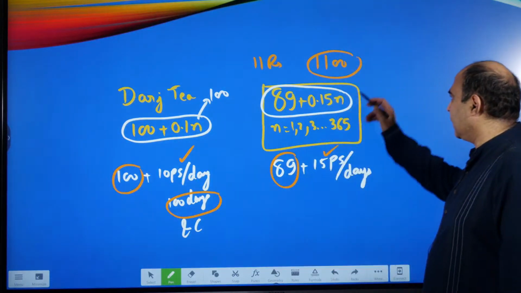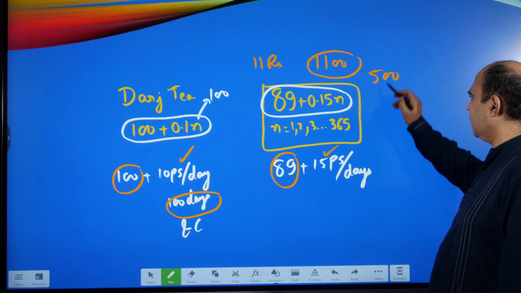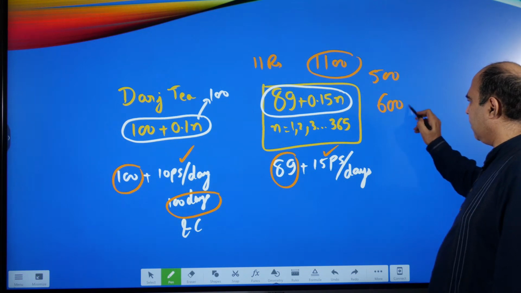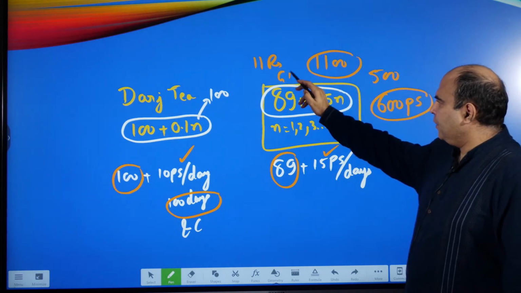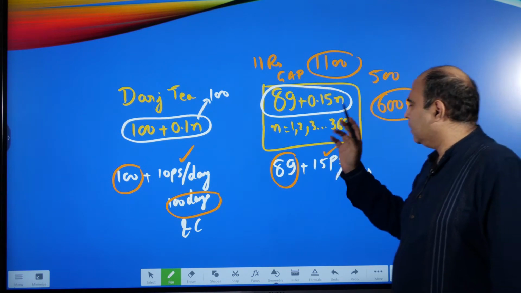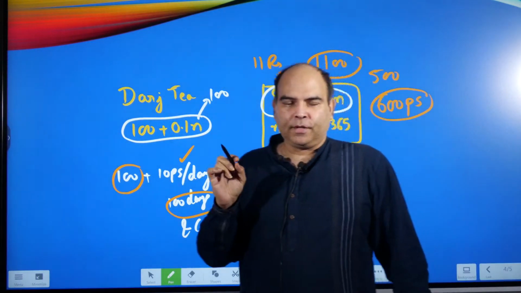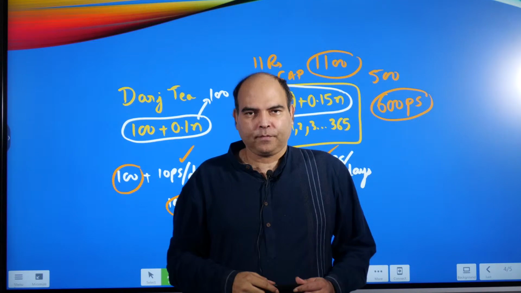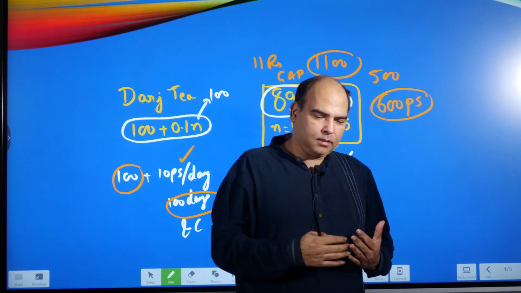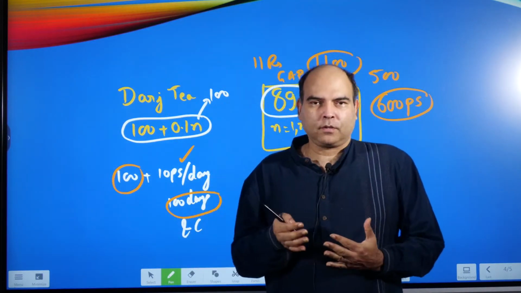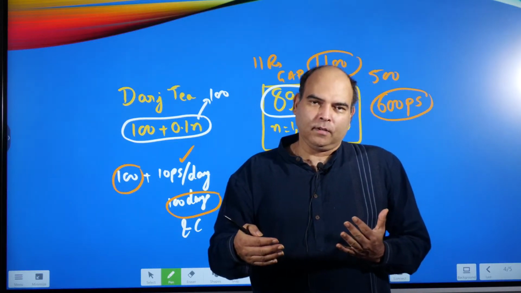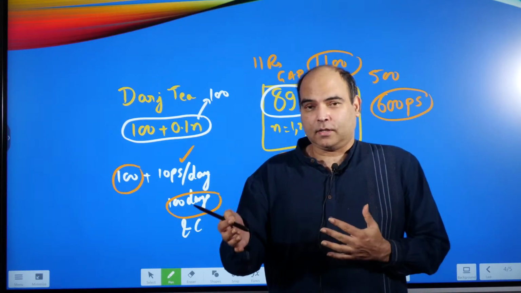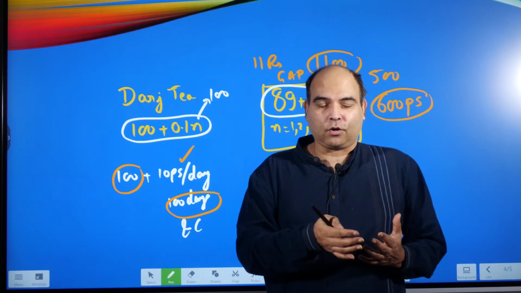So if 500 paise catch up has happened, after 100 days, 600 paise will remain as the gap between the prices of Darjeeling tea and OTT. And after this, Darjeeling tea price stops growing. OTT price is now growing at 15 paise per day. So it's like the rabbit and the tortoise.